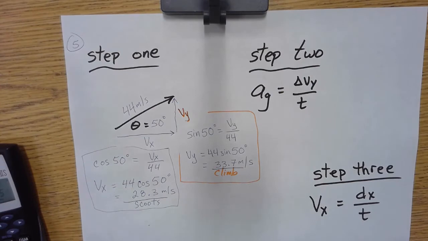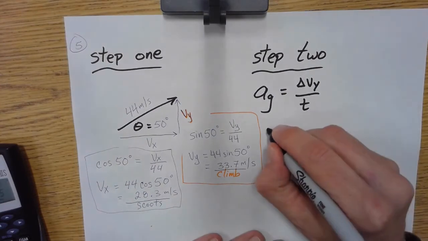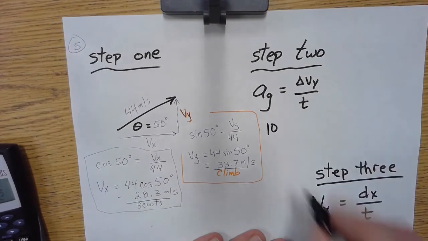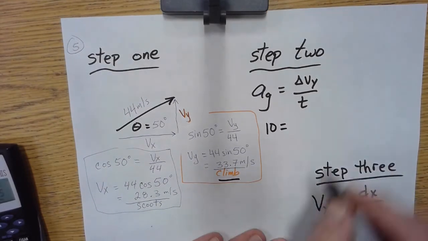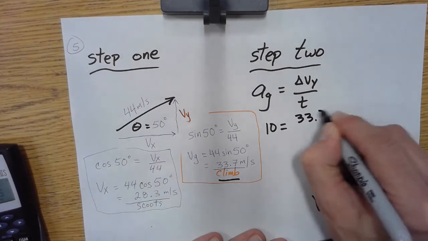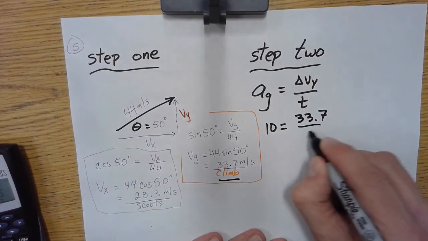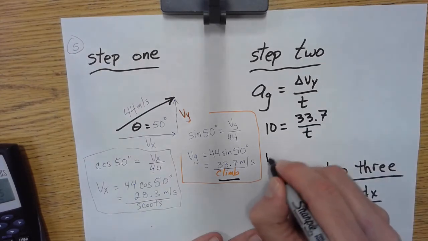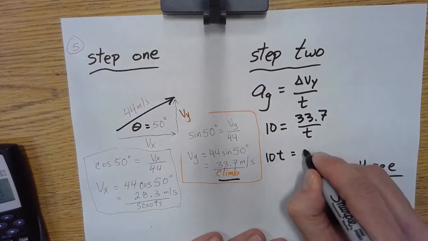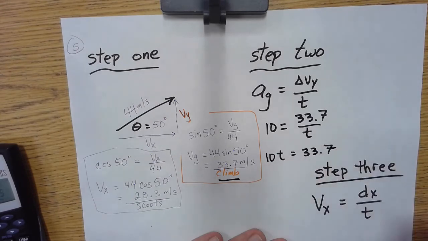All right, so step 2, let's do that. We can use 10. Our climbing speed is what you plug in. That's kind of a simple way to do these. Even though I know a lot of you can do it in your head, I still like to write it out.